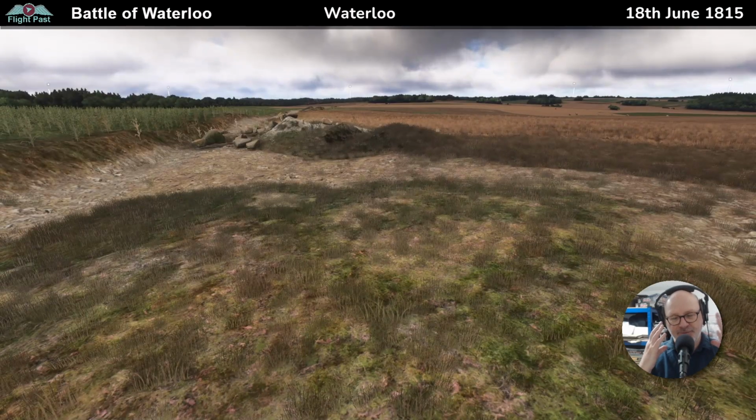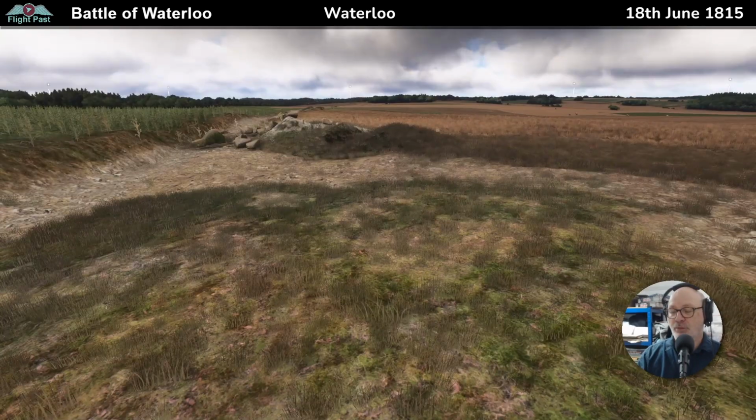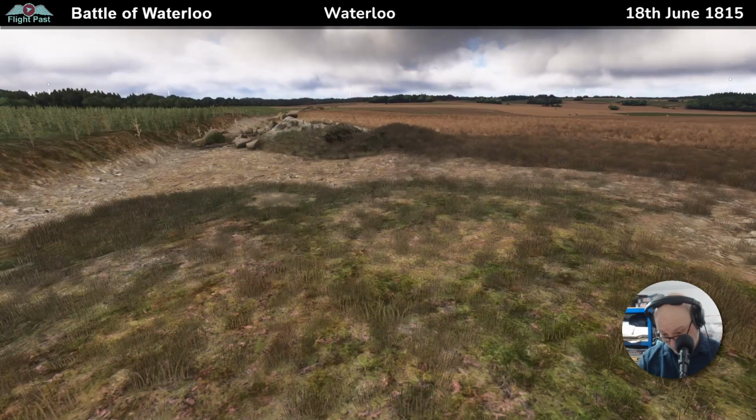And so this becomes the focal point for the Prussians.